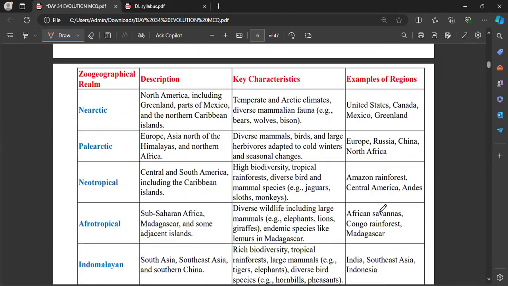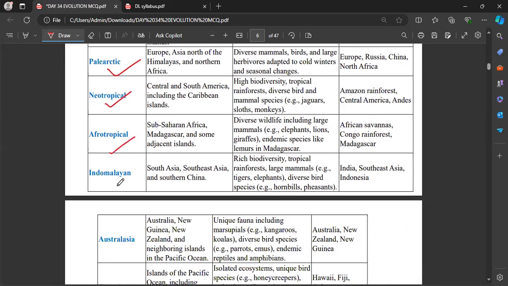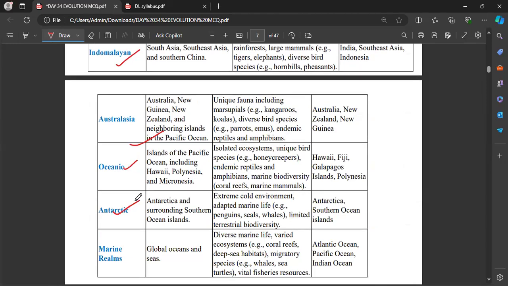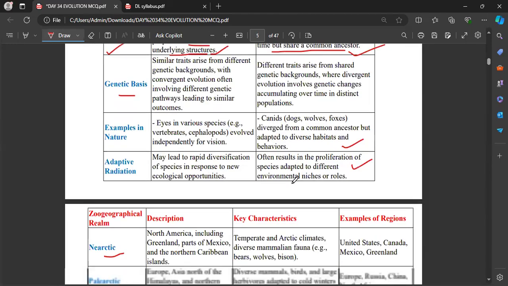Kindly go through them. Now, what are the zoogeographical realms of the world? Nearctic, Palearctic, Neotropical, Afrotropical, Indo-Malayan, Australasia, Oceanic, Antarctic, Marine realm. So these are all the realms of the world.